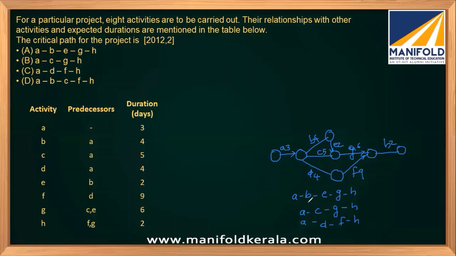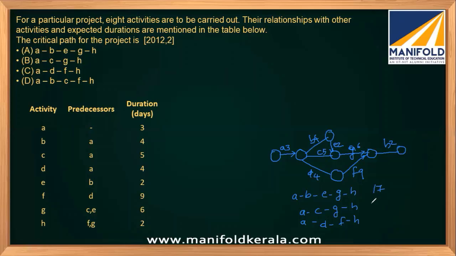And what is the length of each of the paths? A, B: 4 plus 3, 7 plus 2, 9 plus 6, 15 plus 2, 17.